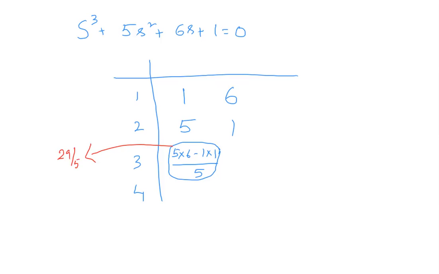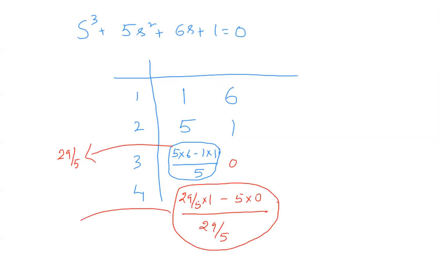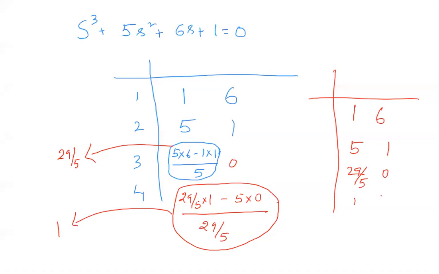What is this next one? 0. What is this one? 29 by 5 into 1 minus 5 into 0 divided by 29 by 5. So what is this value? It is 1. That is how you fill the table. Ultimately, what you get in the table is 1, 6; 5, 1; 29 by 5, 0; 1.